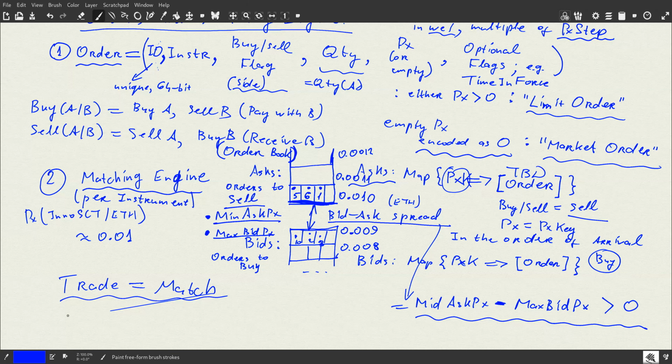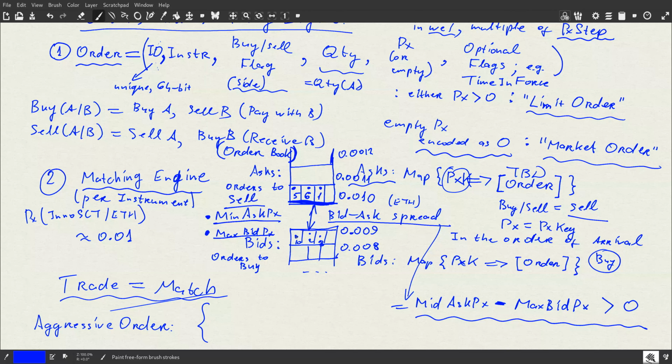In this case, he would submit an aggressive order. What does it mean, submit an aggressive order? Either they would modify an existing order.